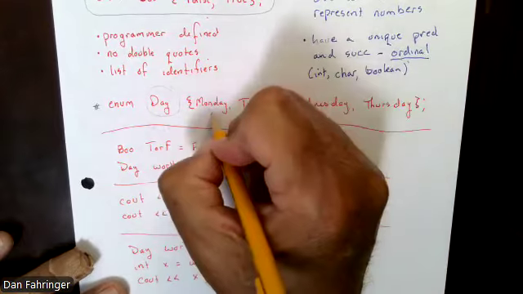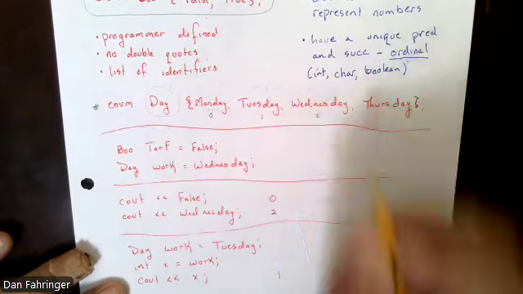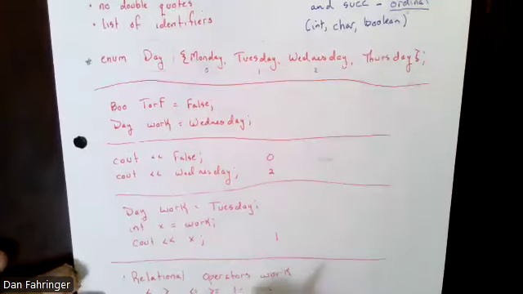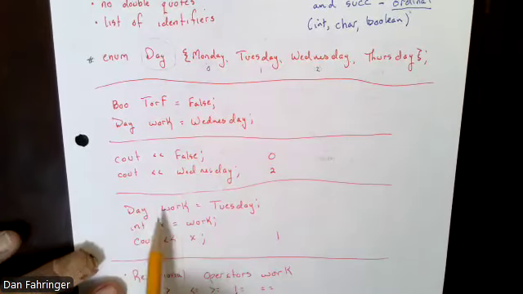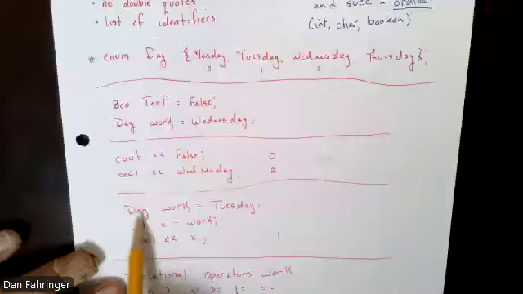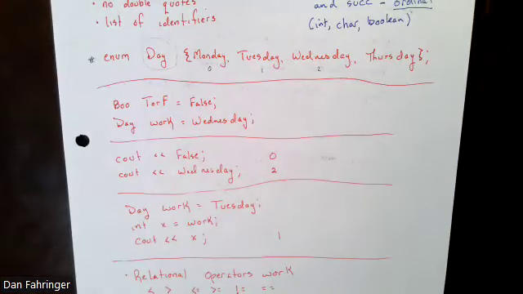Wednesday has an ordinal value 0, 1, 2. I declare work of this data type day, give it the value Tuesday. So it's a second data type that we're learning in chapter 11 that is a big precursor to what you're going to do in 162 with creating data types.